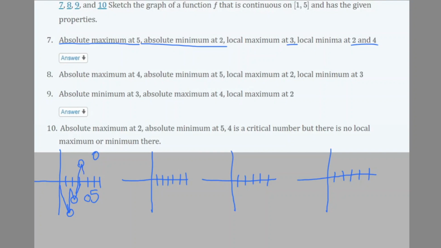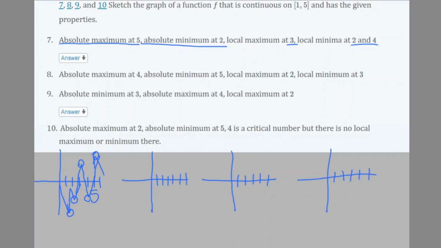And then it concaves down for another local minimum at x equals 4. And then it goes back up for its absolute maximum at x equals 5. That's a little bit dirty of a graph, but obviously you would want to draw it with a little bit more curvature, but just because of the space it was a little bit difficult.